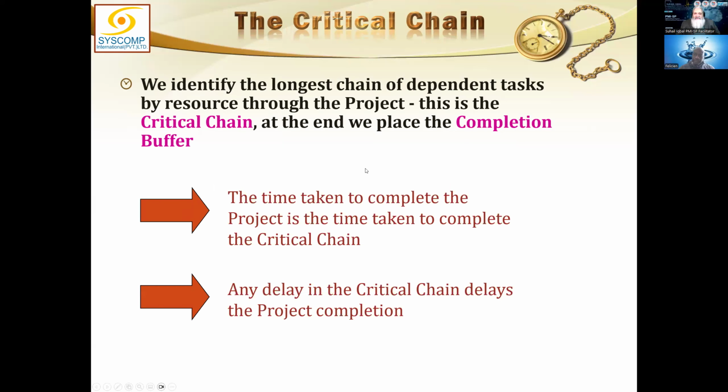So, naturally, to understand the critical chain, to create a critical chain, we must identify the longest chain, which is my critical path of the dependent activities. So take the critical path and create a critical chain. How do you create it? By generating a buffer out of the critical path.